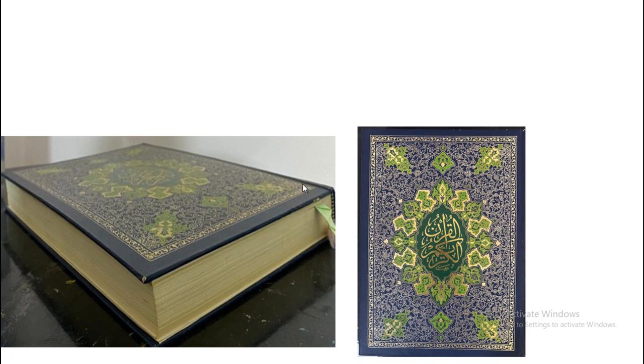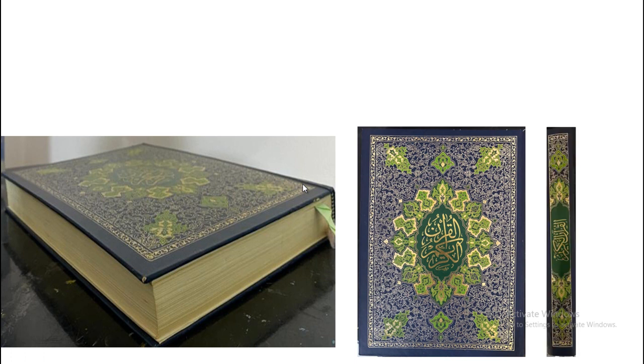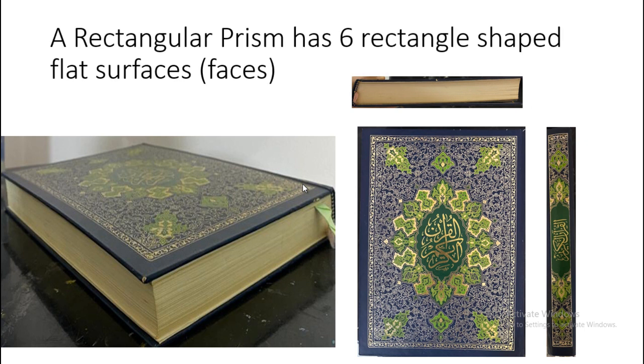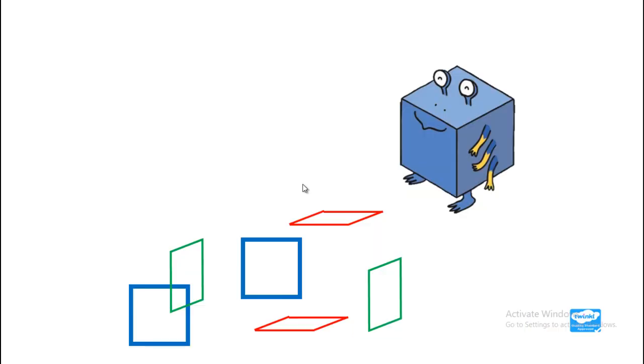A rectangle. And again from the side, another rectangle but much thinner. From the top, also a rectangle. So my Quran looks like a rectangular prism, which has rectangle faces. A rectangular prism has 6 rectangle-shaped flat surfaces that we can call faces.